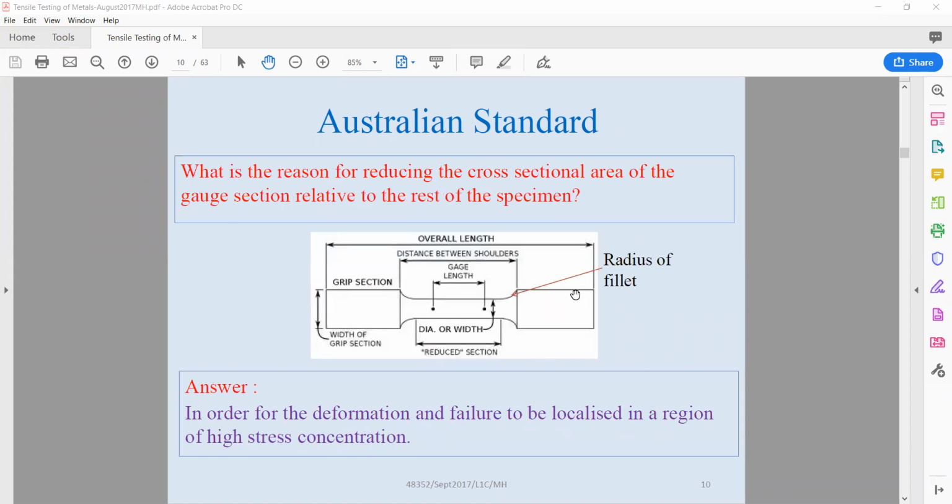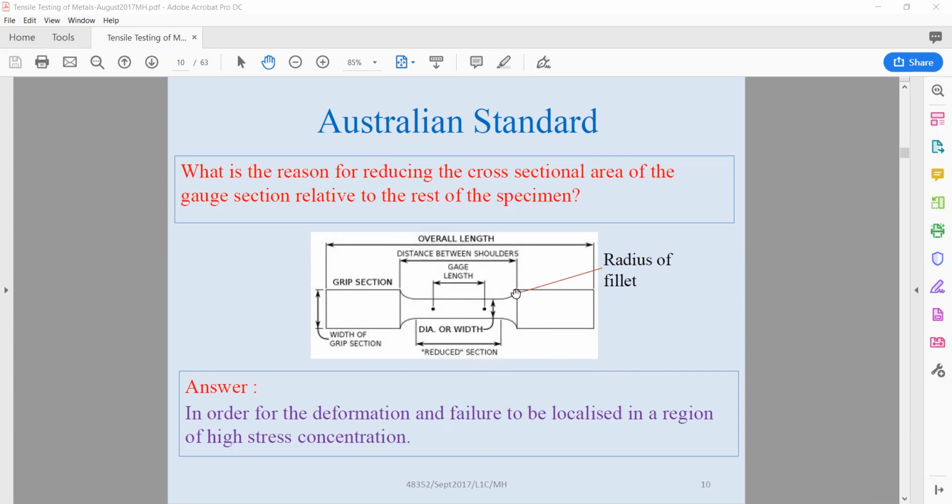As you see now, this is a typical test piece, which is a dog bone shaped test piece. See the question: what is the reason for reducing the cross-sectional area of the gauge section relative to the rest of the specimen? Why do we reduce the cross-section along here relative to the overall section? It is in order for the deformation and failure to be localized in a region of high stress concentration.